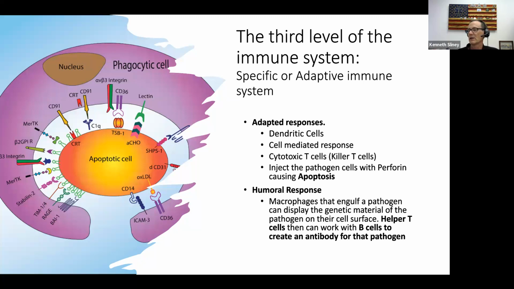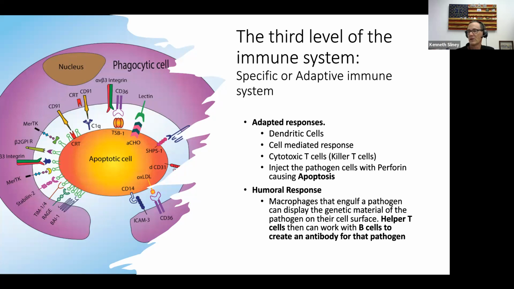These dendritic cells come from the response I was talking about in the last slide, and they come in and engulf the pathogen, but instead of destroying it, they bring it back to the lymphatic system. And this is called a cell-mediated response.